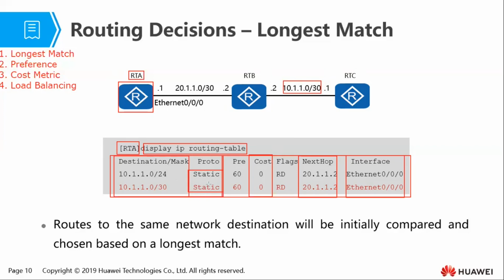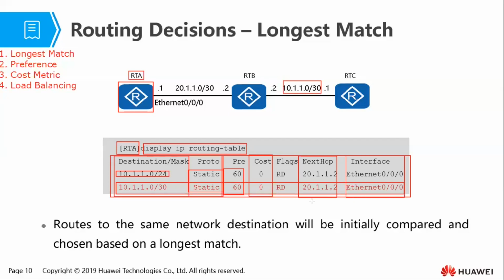Static is when we've learned a route manually. The route has been configured manually in the router, and the preference value for static routes is 60. You can see that we have that /24 network in our routing table, and we also have 10.1.1/30.